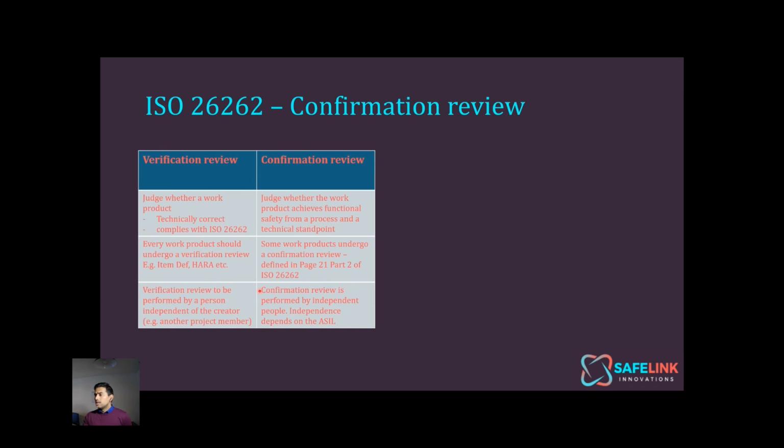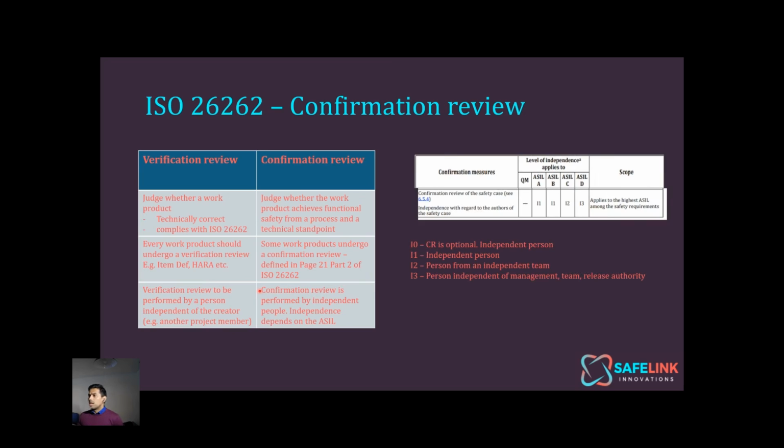As an example, if we were to do a confirmation review of the safety case, and the product that we're working on is an ASIL D product, then we need somebody who is I3 to do the review. What I3 means is a person who's independent of management, team, and release authority. This is the highest level of independence you can have. Someone who can question whether the safety case is correct or not.